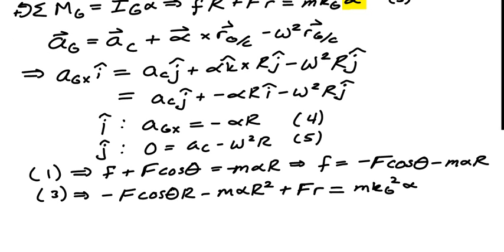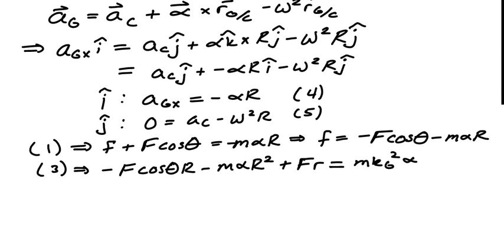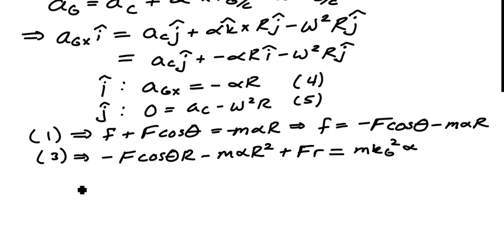Now here we can actually look at this equation and realize we only have one unknown, and so we can go ahead and solve for our result. So what am I going to end up with?